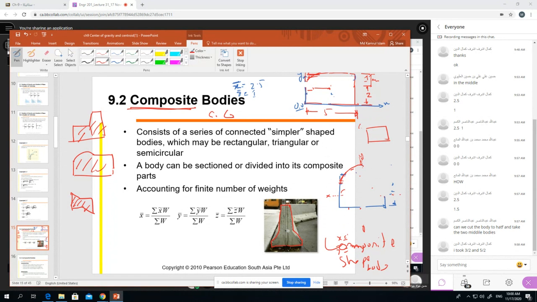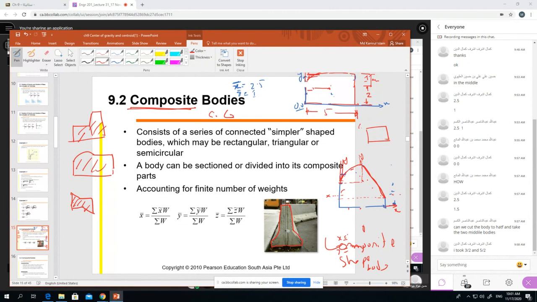Okay, and this is the x-axis and this is the y-axis. Now in that case, this is a composite body with different shapes. What we do is we make sections of regular shapes, right?